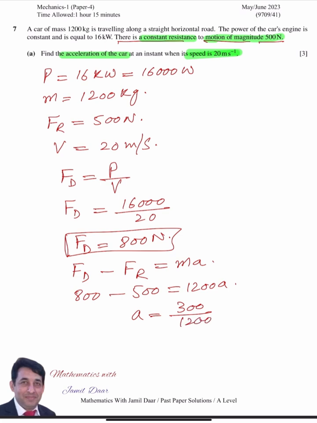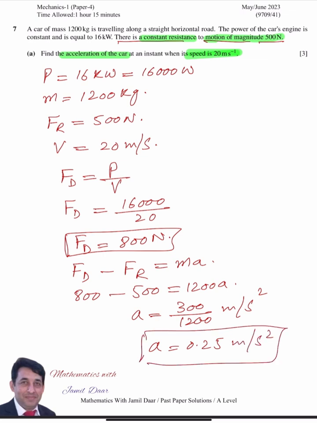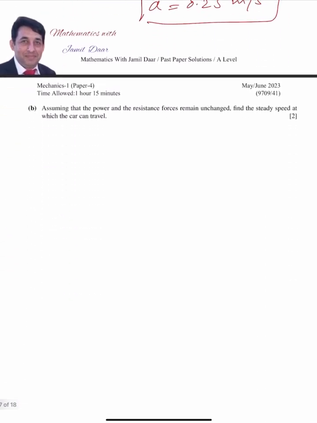So A is equal to 1 by 4, this is 0.25 meter per second square. So you got the acceleration. This part of the question is solved.